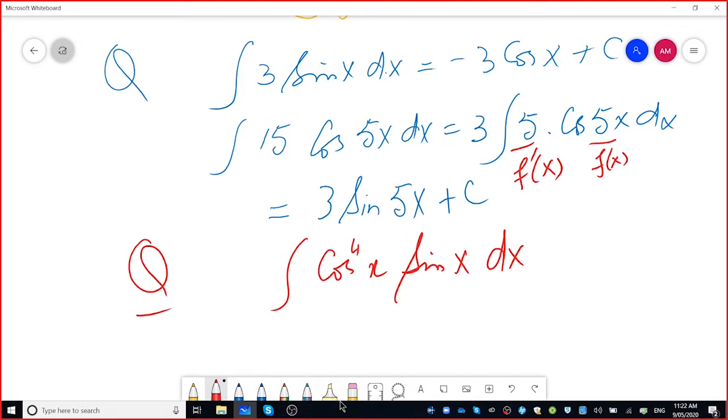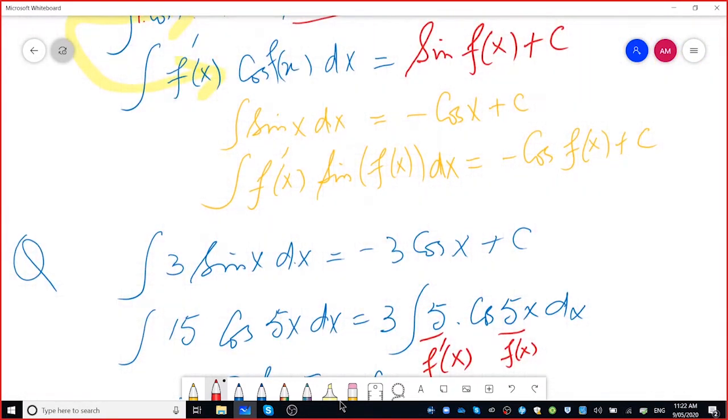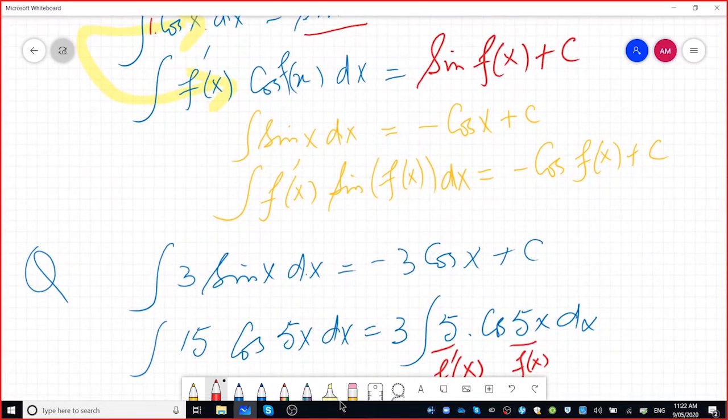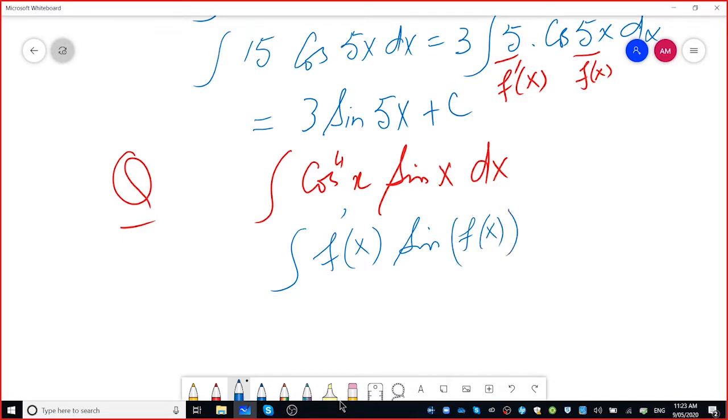Okay, let's look at the actual formula which we have, or rather I write it again. So we have something like f bar x cos fx. We had a formula which said f bar x sine fx dx.